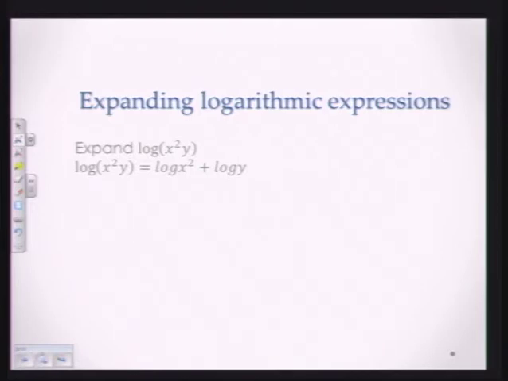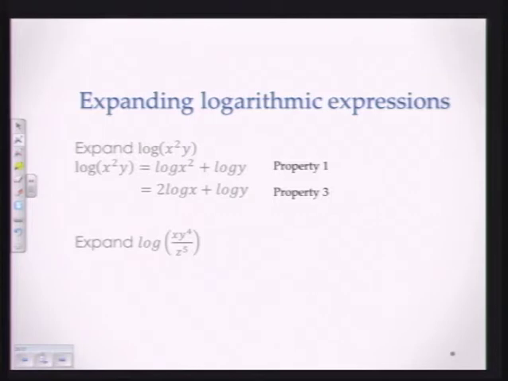But I'm not finished yet, because I can deal with this exponent by property number 3. And we can make that 2 log x plus log y. That is by our third property of logarithms. Okay, and now that one is expanded as far as we're going to be able to expand it. But notice we've got from one logarithmic statement two logarithmic expressions added together.